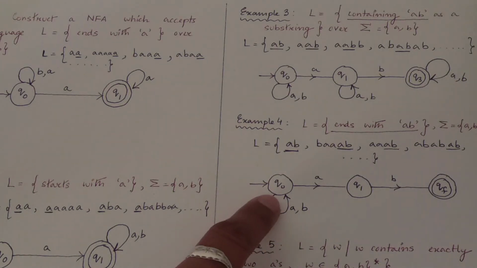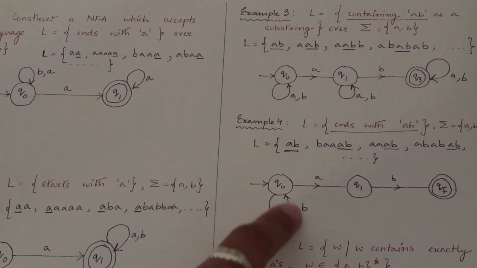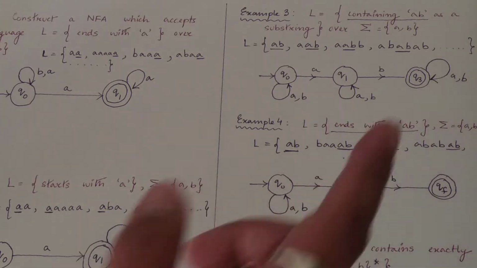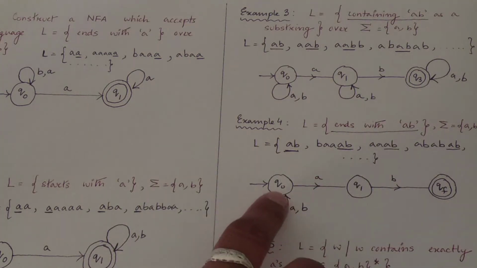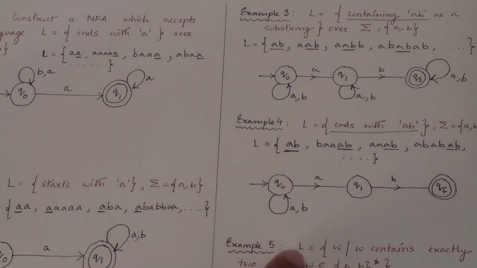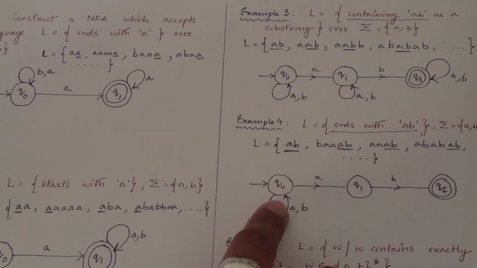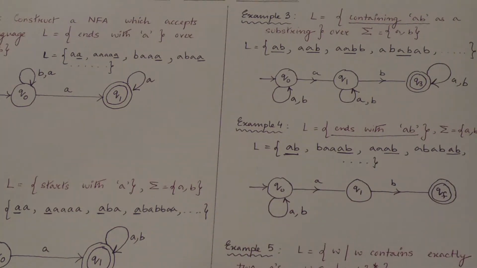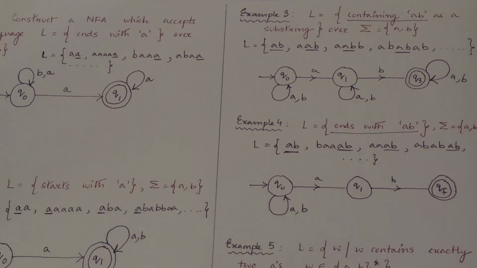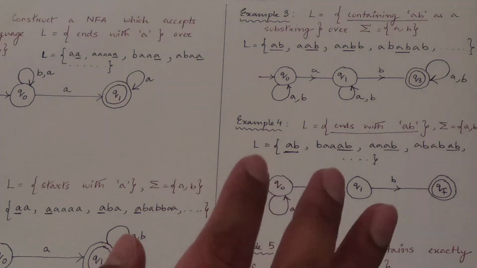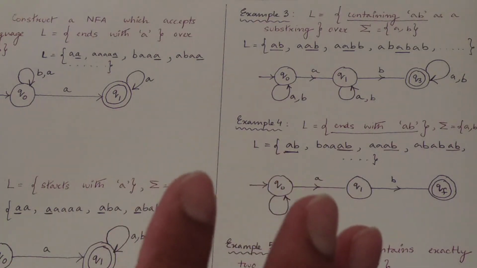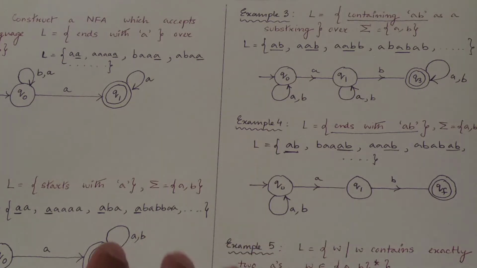If it is n number of times A, it is possible, then AB. If it is n number of times B, it is possible, then AB. If it is a combination of A and B in the initial part, that is also possible. Finally it will end with only AB. There is no other way of escaping this. So this is the final NFA for the language that ends with AB.